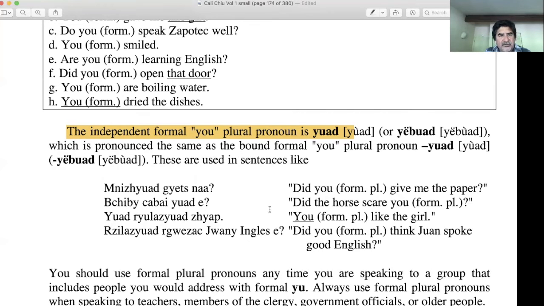All right, so the next sentence is, chi kawai yuat e. One more time. Chi kawai yuat e. And here we're doing a focus sentence, right? So in English it's going to be underlined, but not in Zapotec, you start with that focus word.